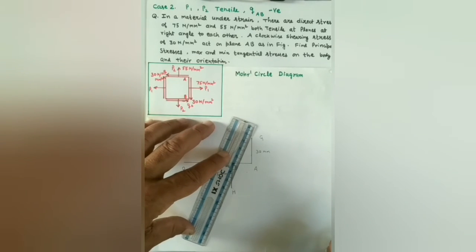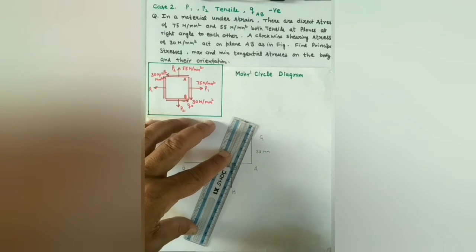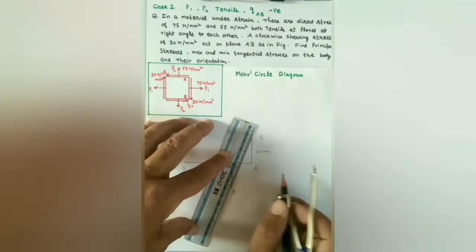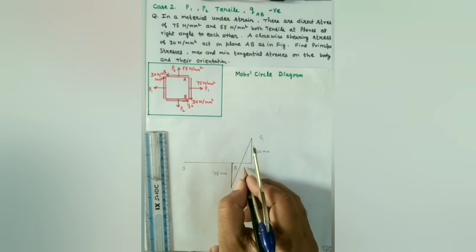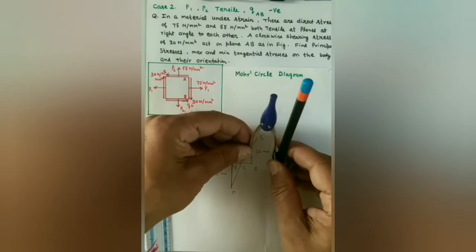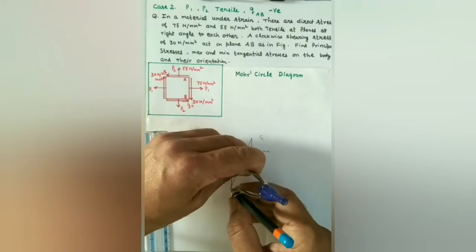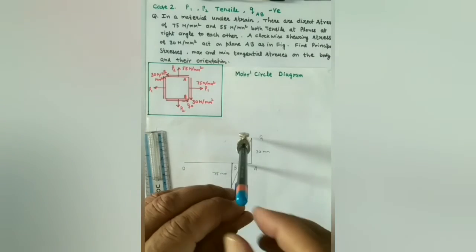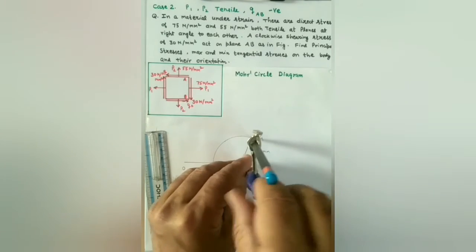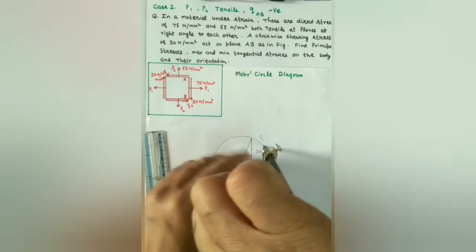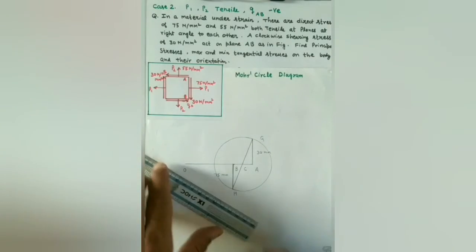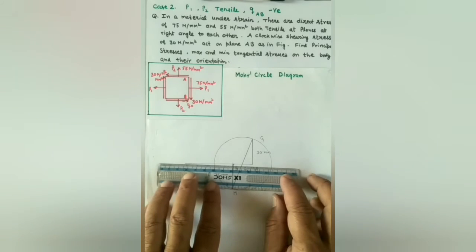Now let us join the points G and H, which will pass through the center point of the line AB. Let this be C. Now from C, draw a circle of radius CH or CG. So let us draw a circle like this, which will pass through the points G and H, with C as center.